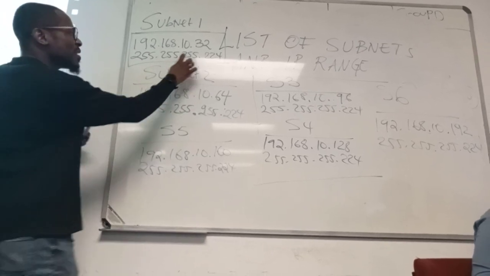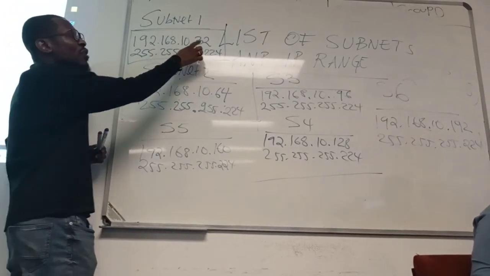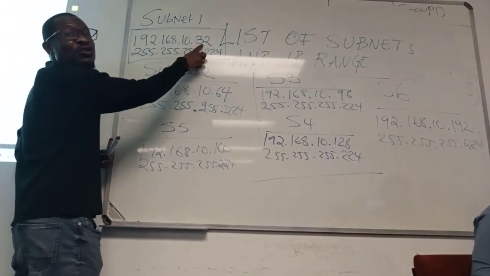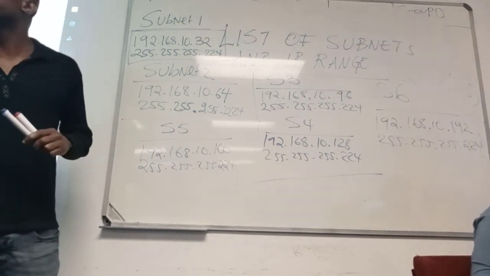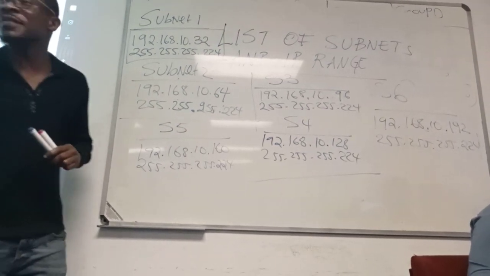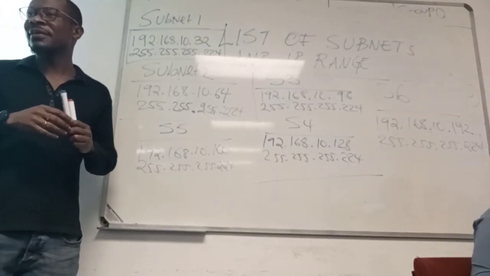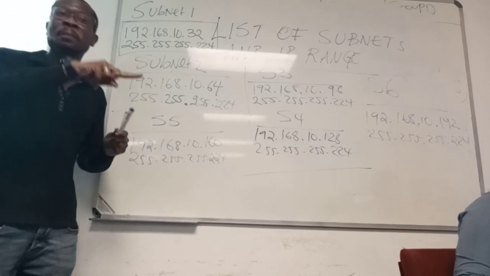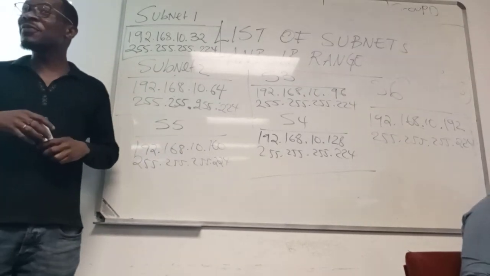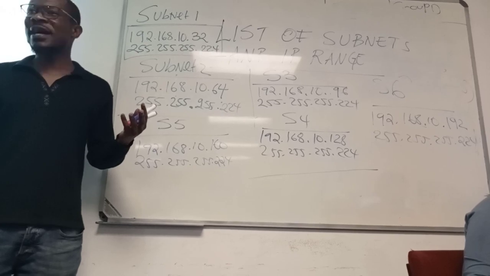right? Let's say for this subnet 1, you cannot use .32, you cannot give it to computers. The first IP, don't give it to computers, because it's a network IP. It's the one that identifies your network. So .32, first IP, and the last, don't give it to what? To devices, right?